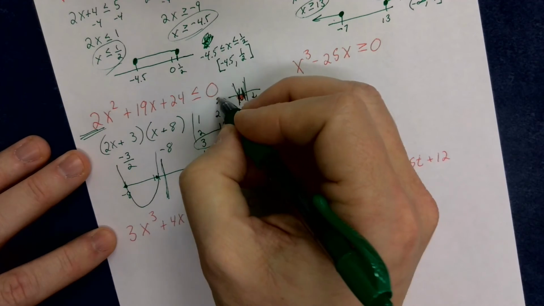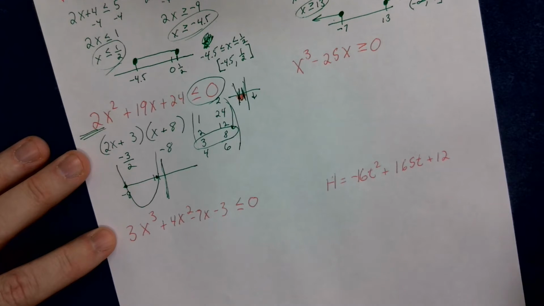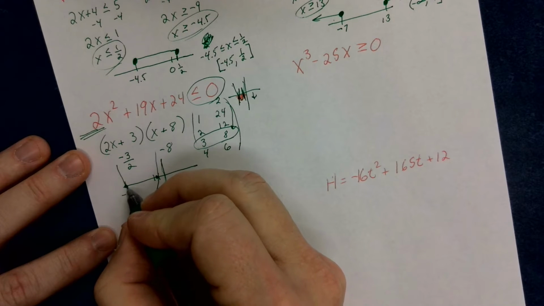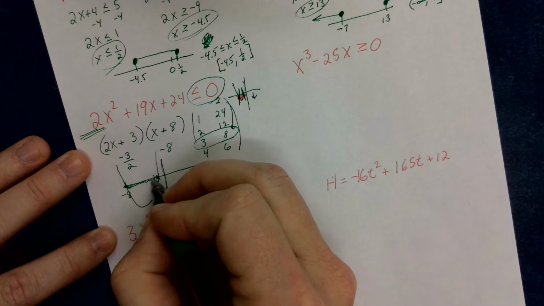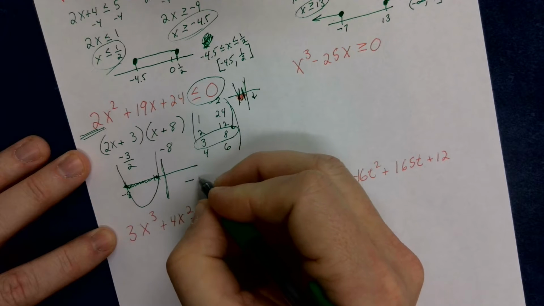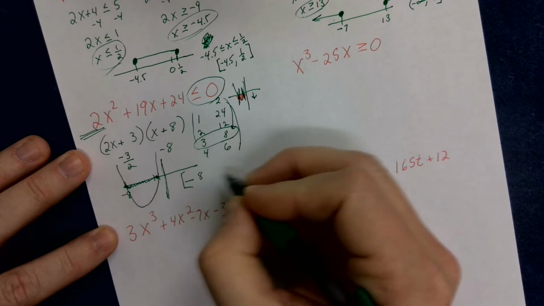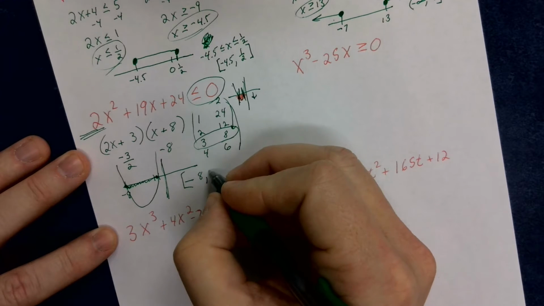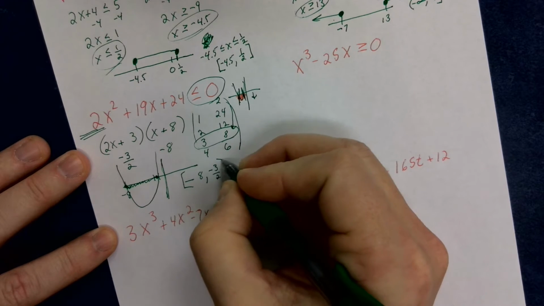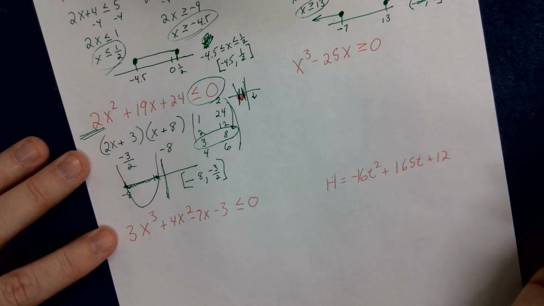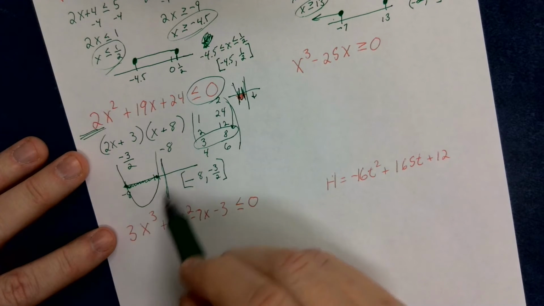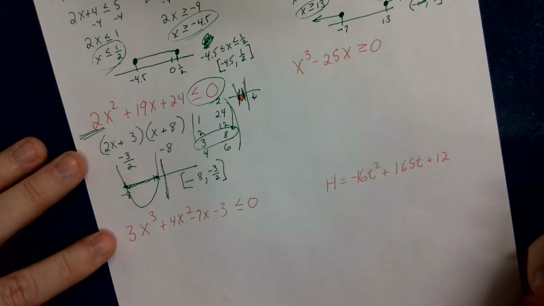So then if I want to know where it is less than or equal to 0, I know it's less than or equal to 0 from here all the way to there. So what do I write? Negative 8, comma, negative 3 halves, in brackets. Those are all the places that it's less than or equal to 0 because the parabola is below the axis at that point.